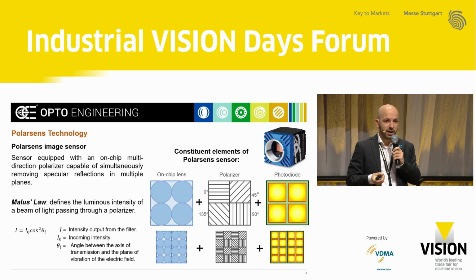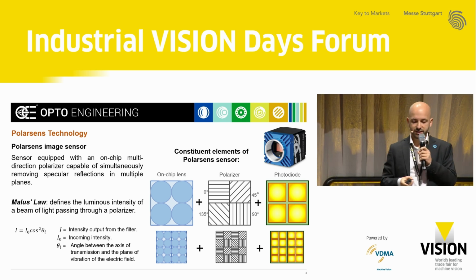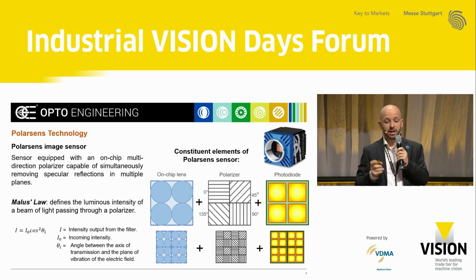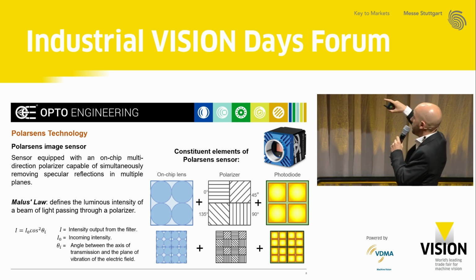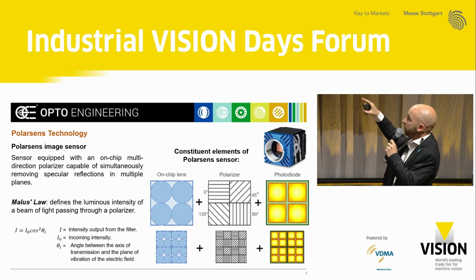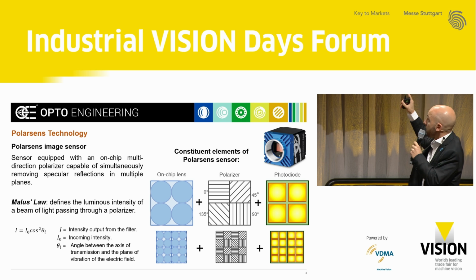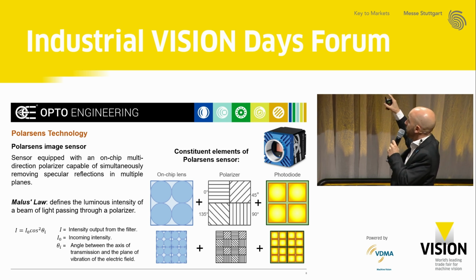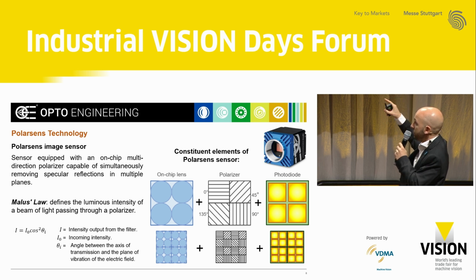Opto Engineering has developed its Itala cameras with PolarSense technology, which uses a PolarSense image sensor that combines this key feature. The sensor is composed of three main parts: the on-chip lens, the polarizer, and the photodiode. But the most important part is the polarizer, of course, because the polarizer is composed of 4 differently oriented polarization filters.